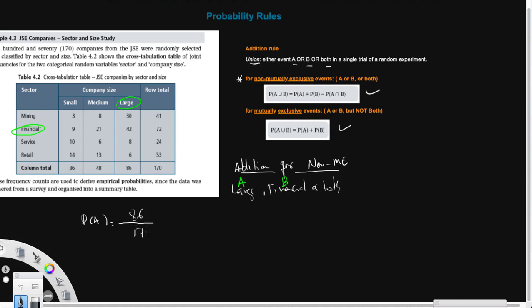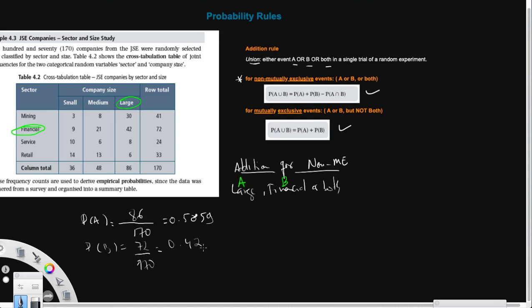I divide by 170. Take your calculators and you should find this. And I do the same thing for the financial one, where I look at the total, which is 72. I divide it by 170. And what do we have?